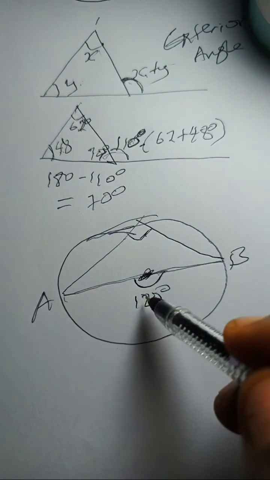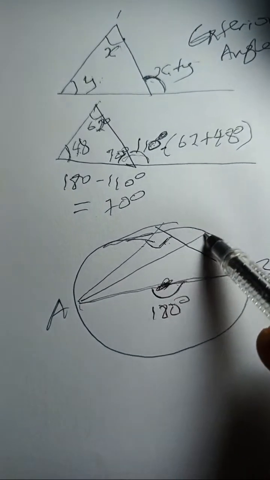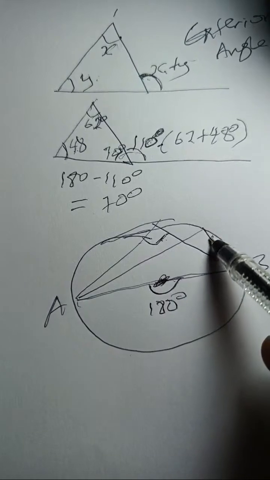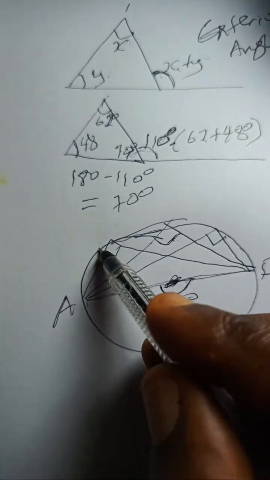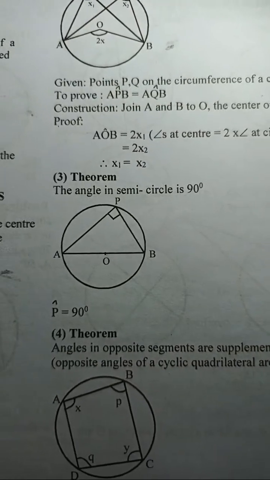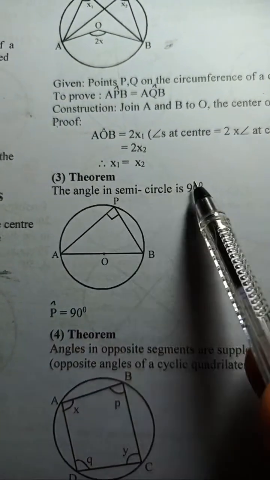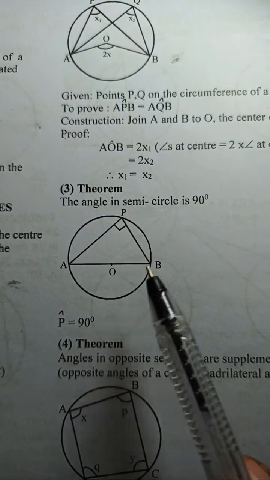Which means for this one to be 180, this one will be 90. No matter where you form the angle, it can be formed like this, it will still be 90. It can be formed here, it will still be 90. So that is our theorem 3. Theorem 3 says the angle in a semicircle is 90 degrees. That's theorem 3 on circle geometry.